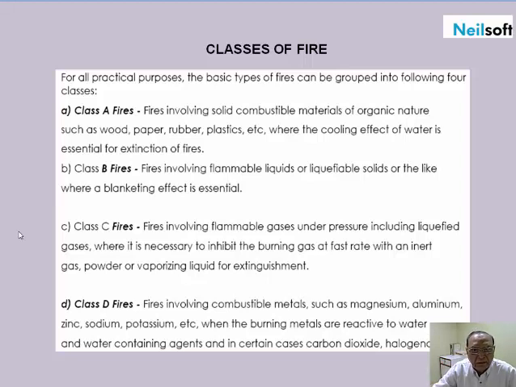Class A fire involves solid combustible materials of organic nature such as wood, paper, rubber, plastic, etc., where the cooling effect of water is essential for extinction of fires. Class B fire involves flammable liquids or liquefiable solids or the like, where a blanketing effect is essential.